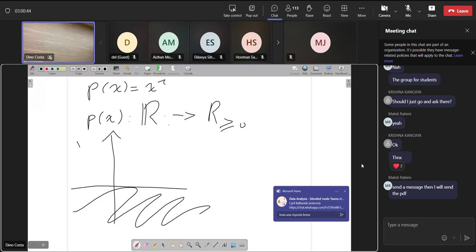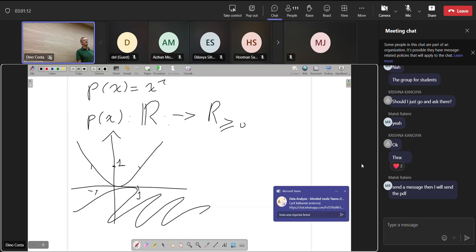Nevertheless, this is not so nice because, suppose that here we have a 1. I want to know where it comes from. One can say either from 1, but also from -1.